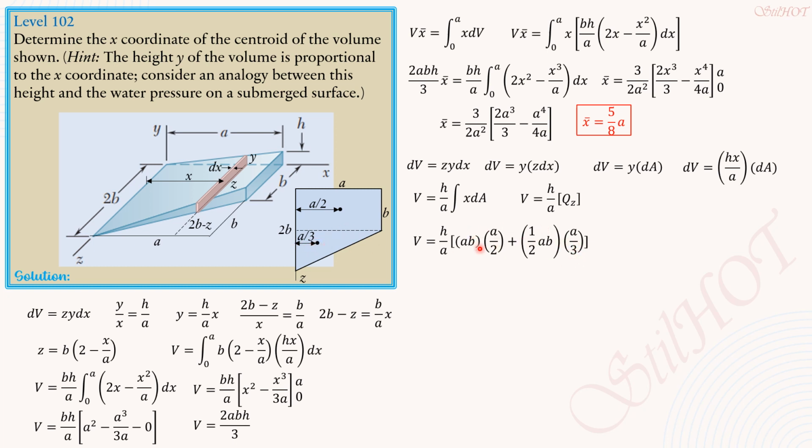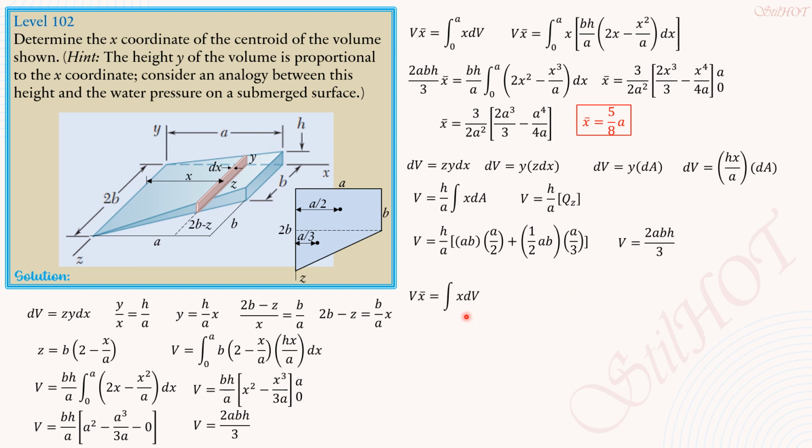So remember, this is Qz. So 1/2 plus 1/6 a squared b is 2/3. Then 2/3 a squared b times h over a, then we get 2/3 abh over 3, which is the same as this.